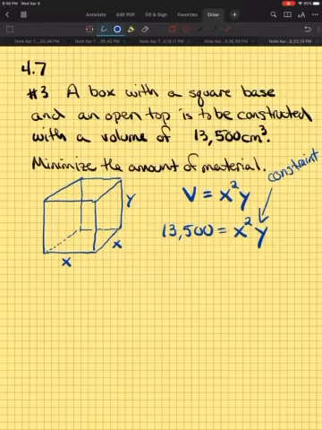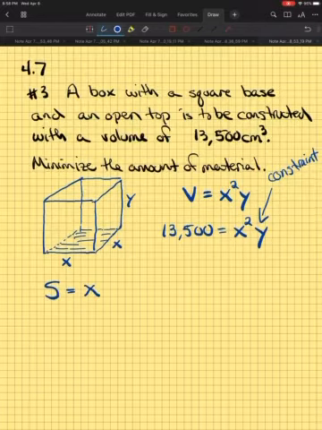And how many sides does a cube have? That's right, a cube has 6 sides. However, our box only has 5 because our box does not have a top. Now the bottom of the box, its surface area, I'm going to use S for surface area, is X squared.